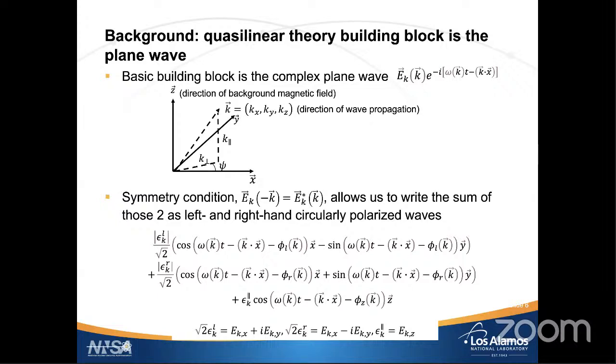The Fourier coefficients are complex valued vectors. That is, for each coefficient for a given 3D wave vector, k, those coefficients have three components in x, y, and z.